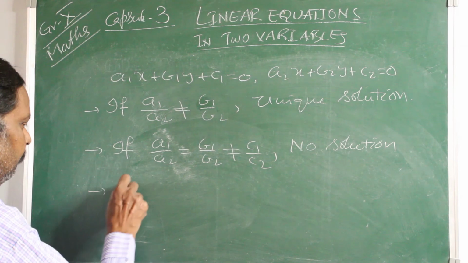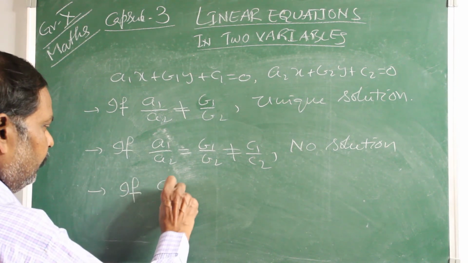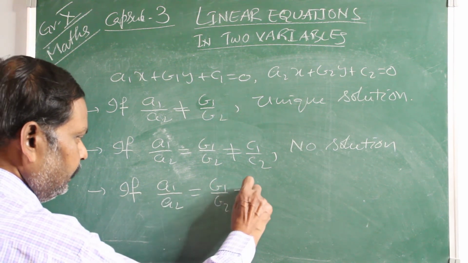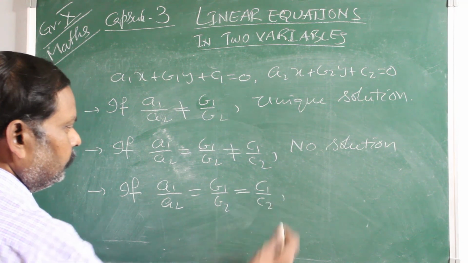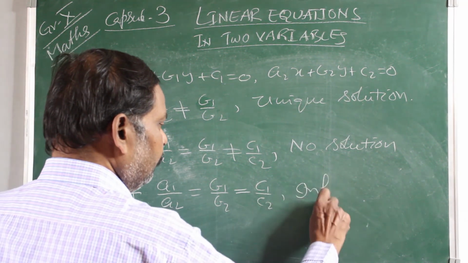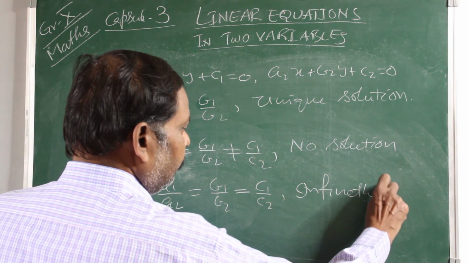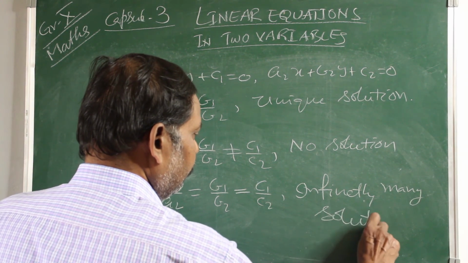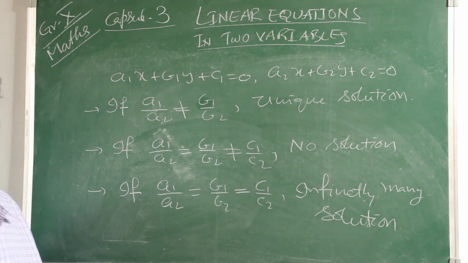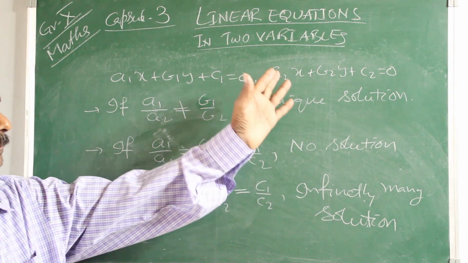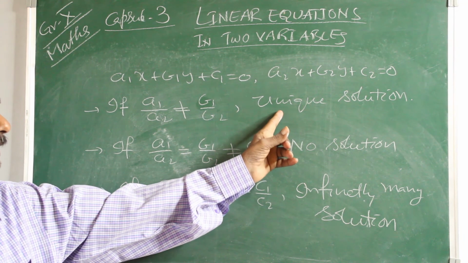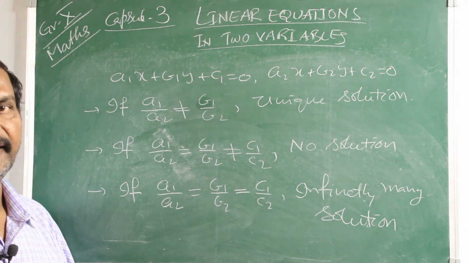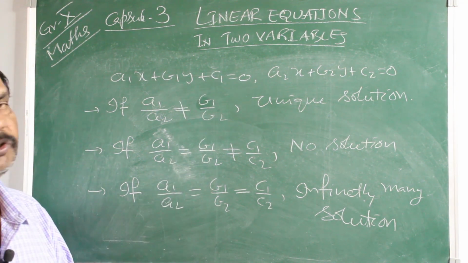Last case, if A1 by A2 is equal to B1 by B2 and it is also equal to C1 by C2, then the linear equations may have infinitely many solutions. So, unique solution, the lines intersect. No solution, the lines are parallel. Infinitely many solutions, the lines coincide with each other. They are the most important cases.